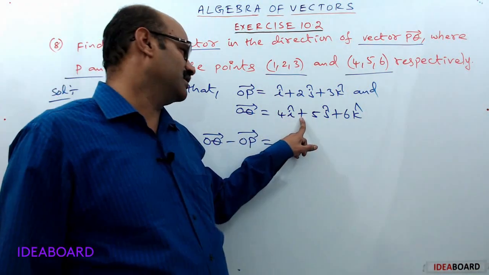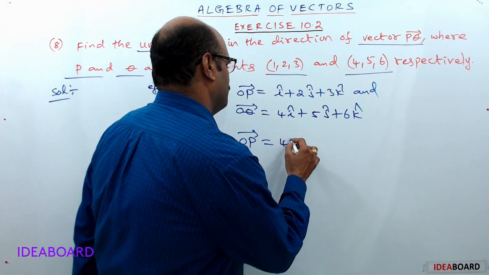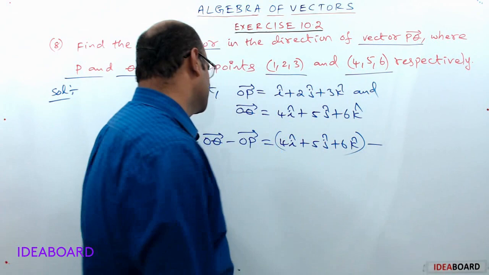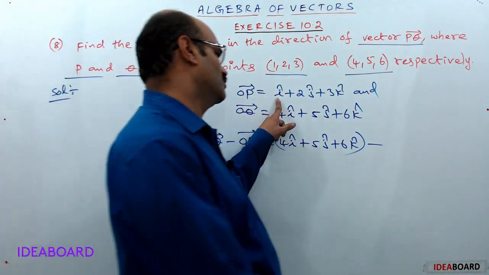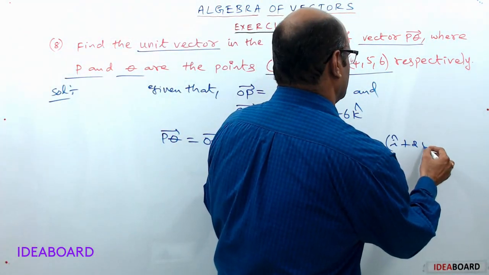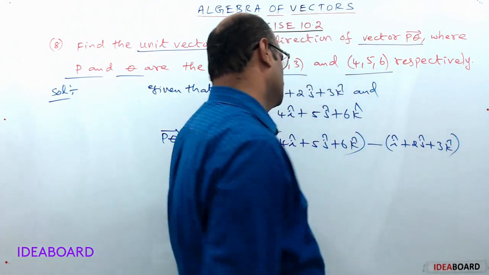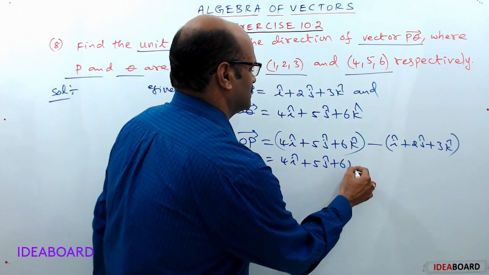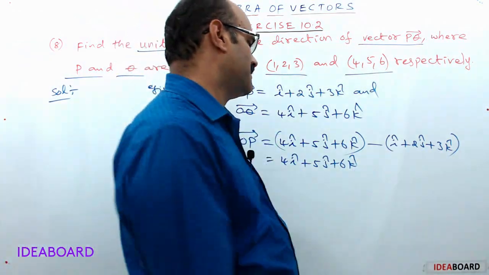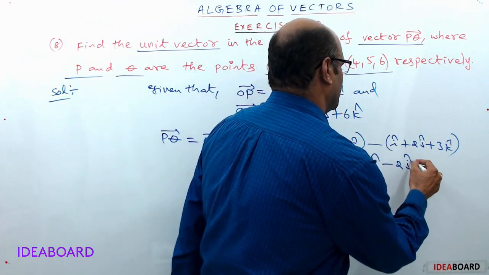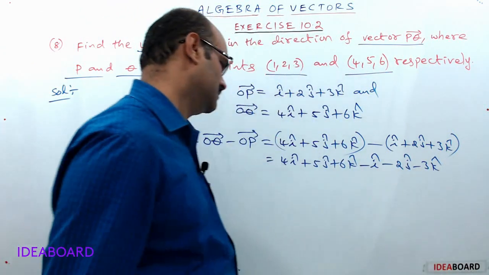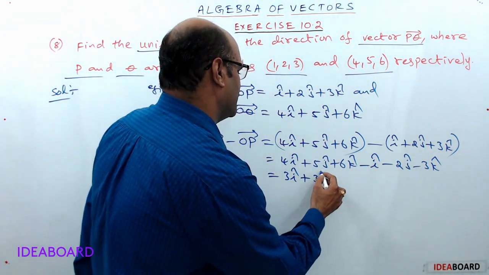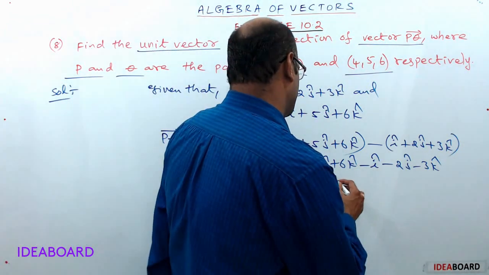Here OQ vector equal to 4i cap plus 5j cap plus 6k cap minus OP vector equal to i cap plus 2j cap plus 3k cap. It's equal to 4i cap plus 5j cap plus 6k cap minus i cap minus 2j cap minus 3k cap, equal to 3i cap plus 3j cap plus 3k cap.